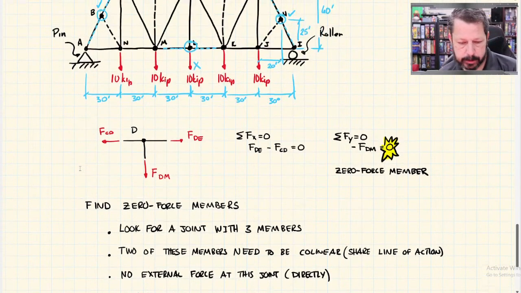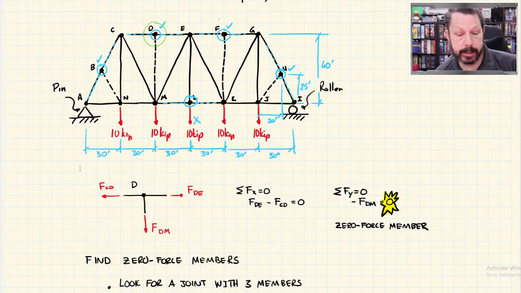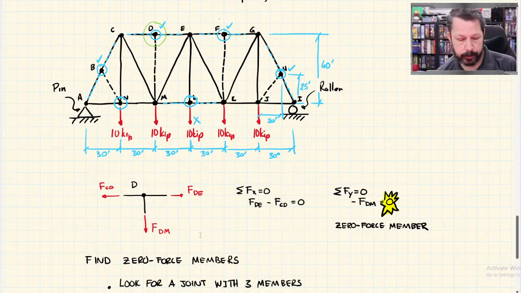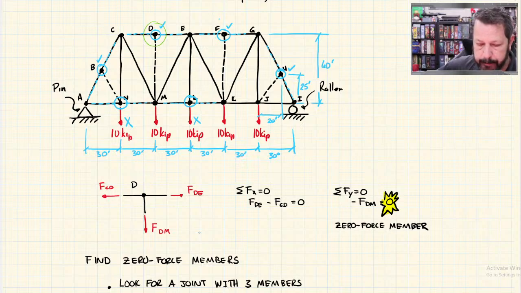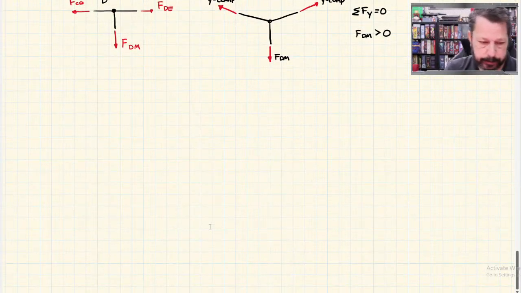So for instance, we found BN is a zero force member. So now on the second pass, N qualifies, at least for step one: look for a joint with 3 members. It has collinear and collinear, but it has an external force. So CN is not a zero force member. But it could be. Let's draw a new truss.